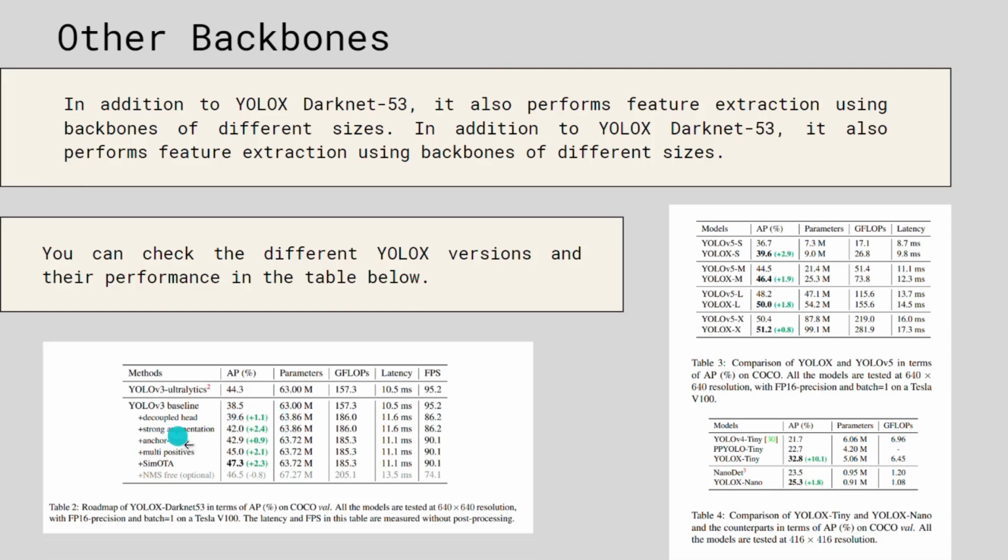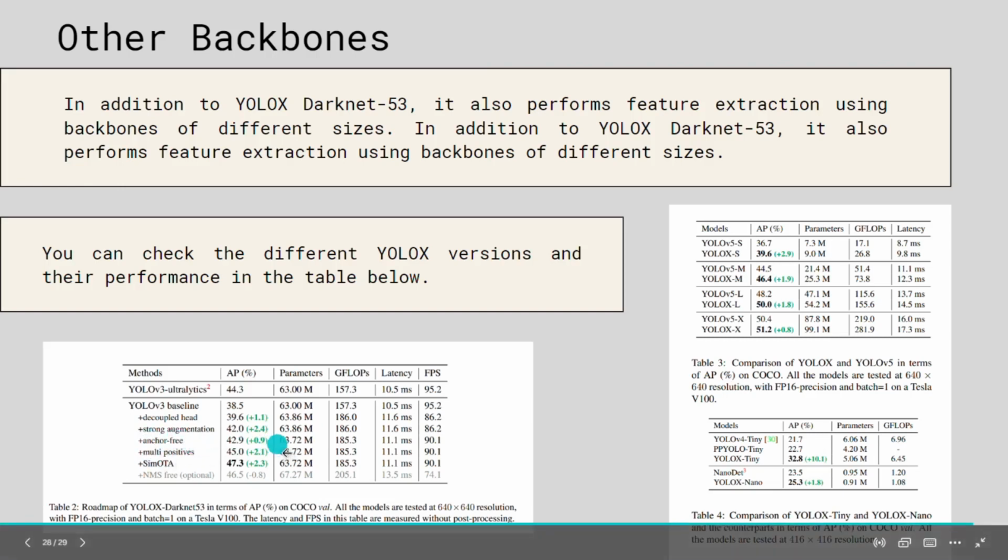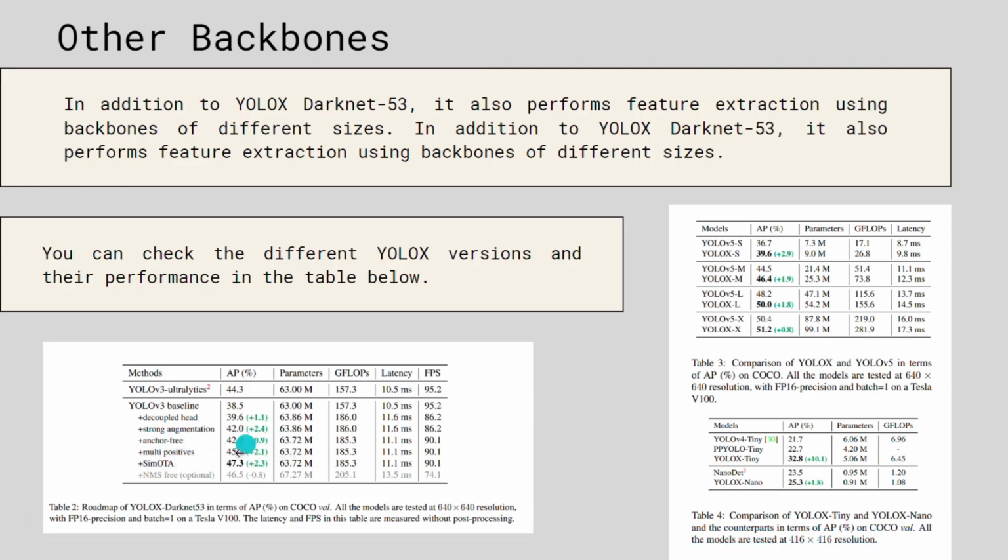By using strong augmentation techniques that we have mentioned before, they produced a gain of 2.4. And when they removed the anchor boxes and implemented the anchor-free strategy, they got a gain of 0.9.